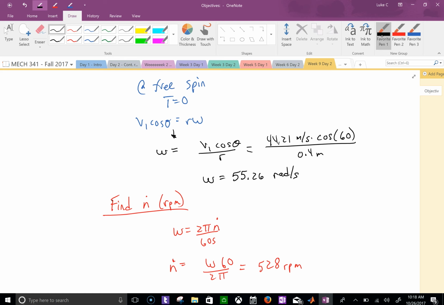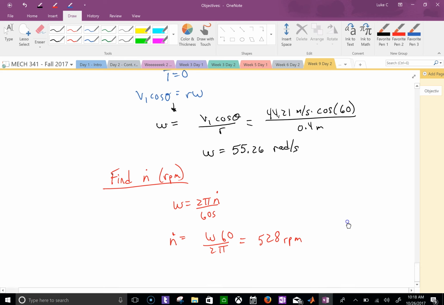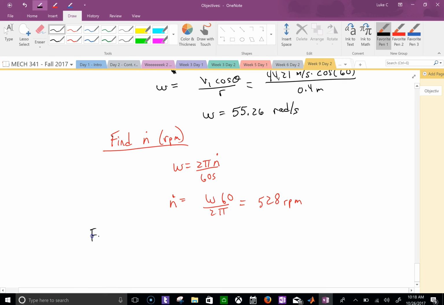And what was the last part B? Define T when omega is 0. Because there's a torque, right? That's what the torque is defined as. So T equals R. What do you do when omega is 0? You just plug in 0. But why?